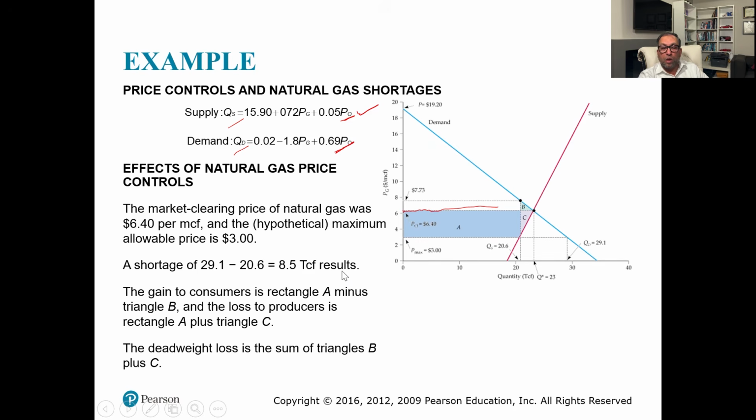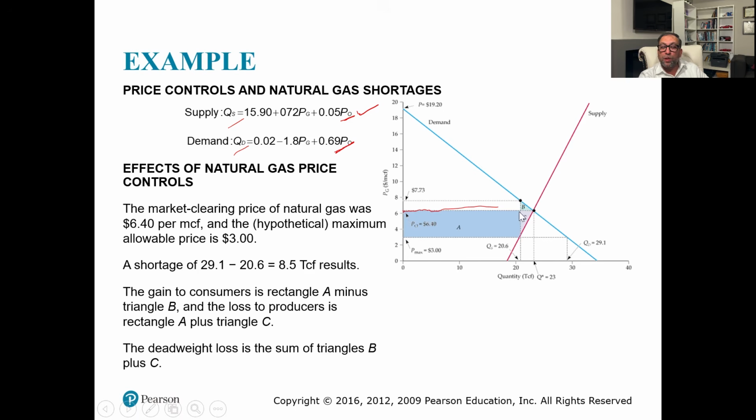That's the total shortage. The gain to the consumer is rectangle A, because the consumer is paying $3 in place of $6.4. So this rectangle A, like we discussed in graph 1, is a gain to the consumer. However, there is also a loss to the consumer, because these consumers are not able to buy; beyond that point there is no supply.